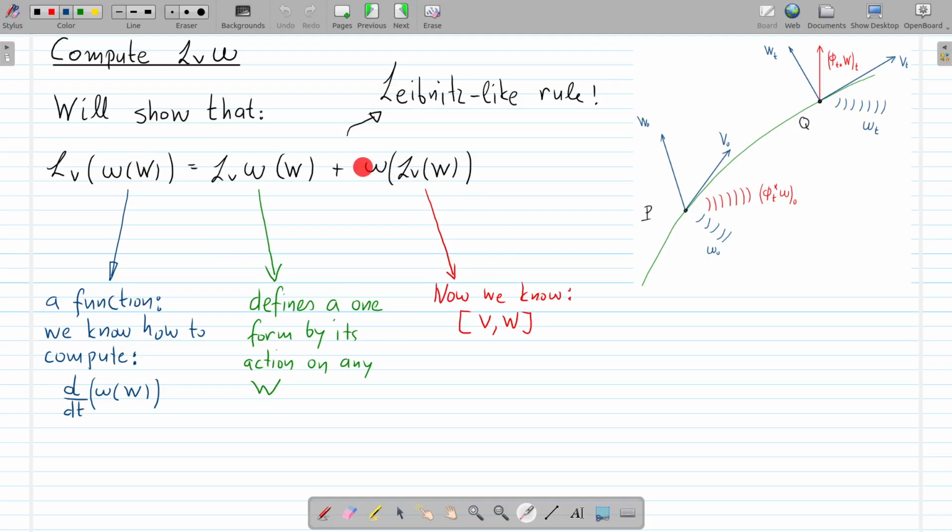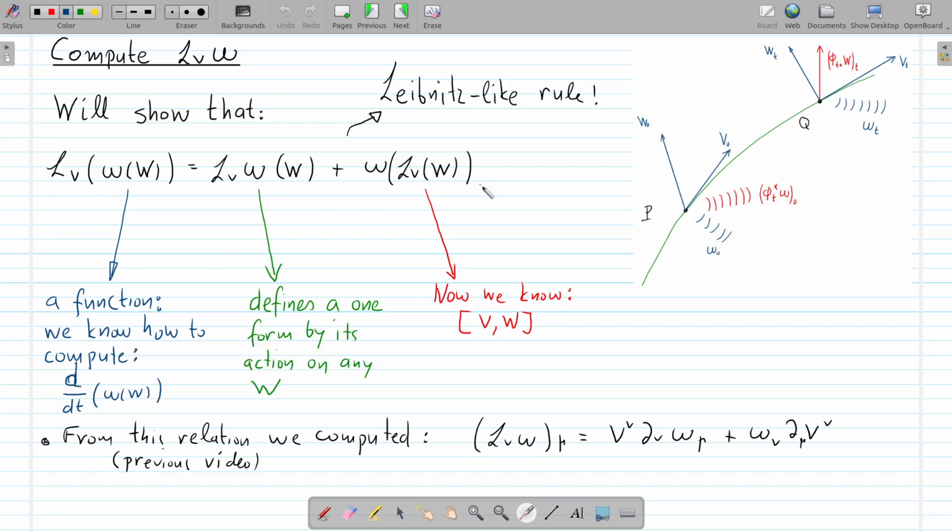And this involves the action of a one-form on this vector field, which we already know is equal to the commutator of v and w. And you saw how we used this relation to compute the components of the Lie derivative of omega in the previous video.